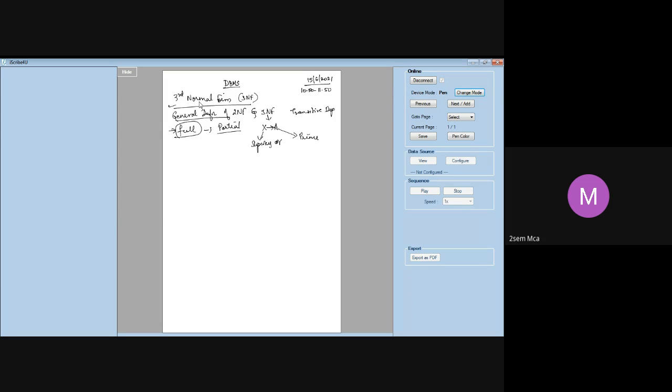One of the conditions has to be satisfied. Then we say that the table is in third normal form. This is the general definition of third normal form.